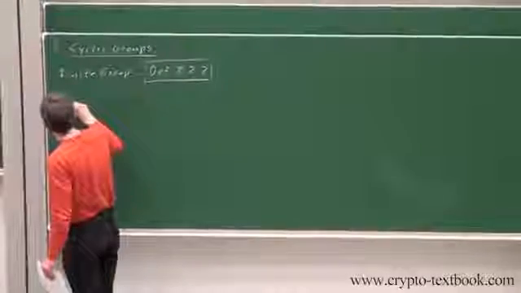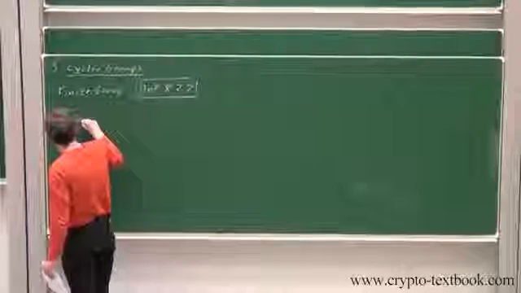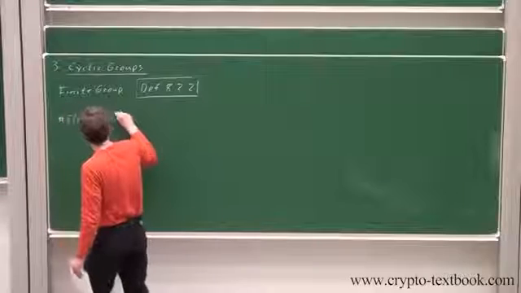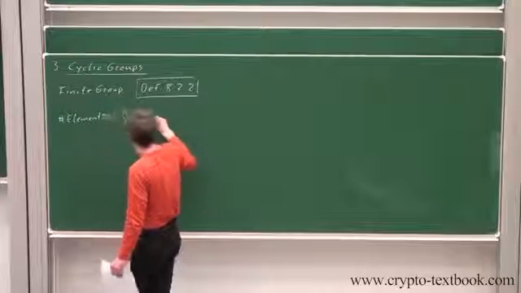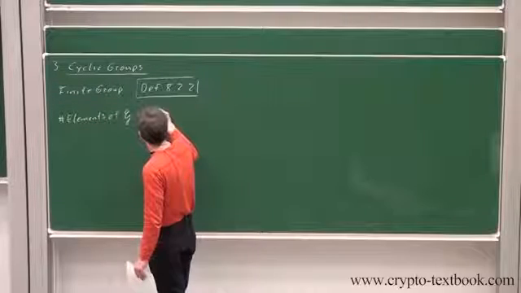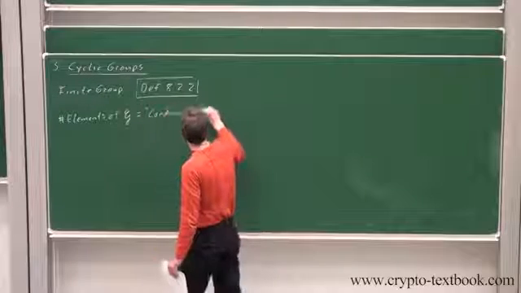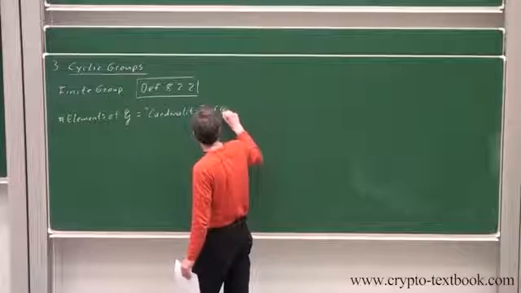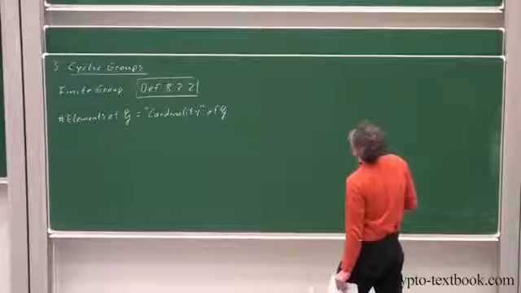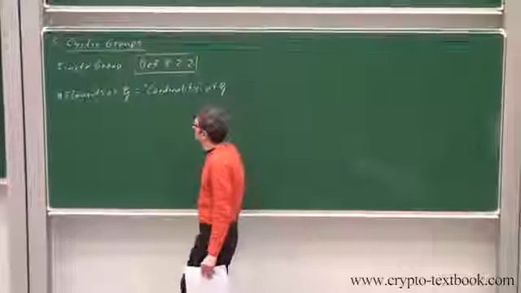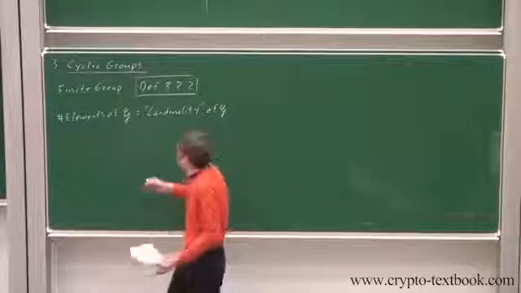The only thing which is more like an agreement: we call the number of elements of G the cardinality of G. This means how many elements are in this group.